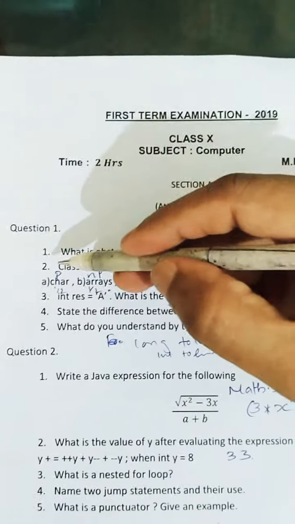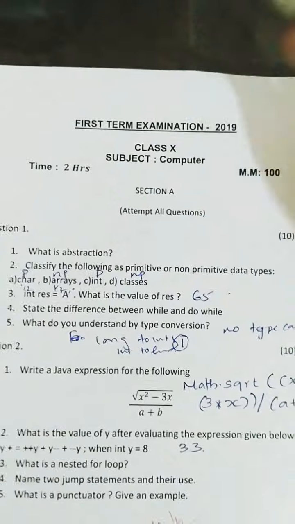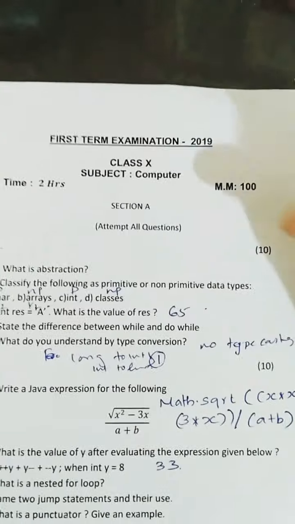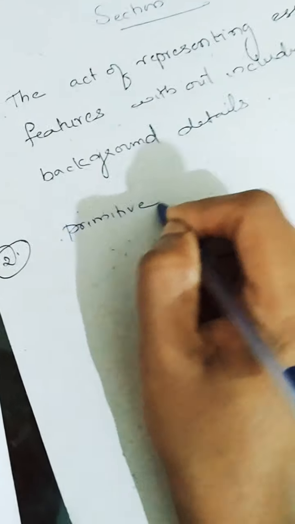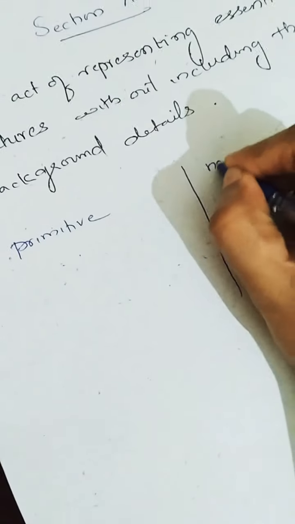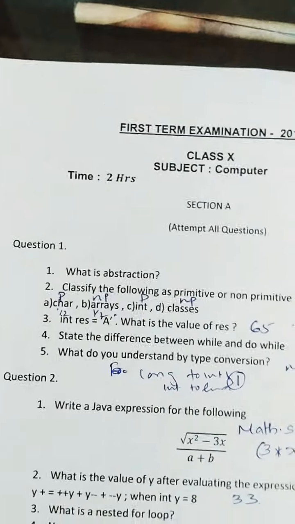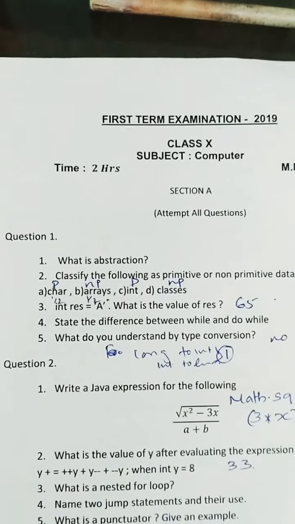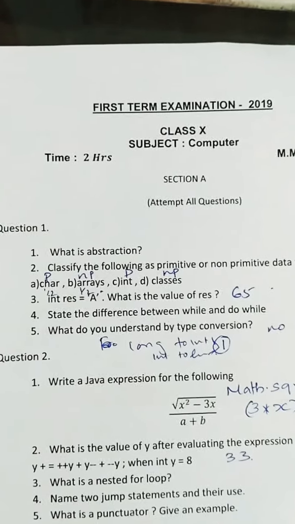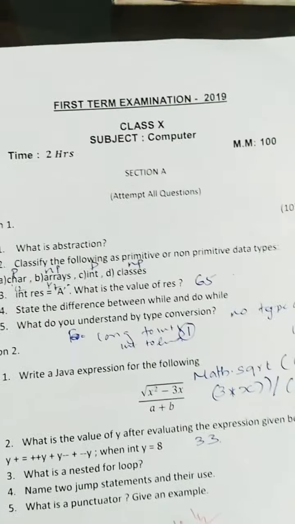Next, second question is, classify the following as primitive or non-primitive data types. I am going to draw a table here for primitive data types and non-primitive data types. They have given 4, from that you have to select. First one is char, B is array, then int, and class.